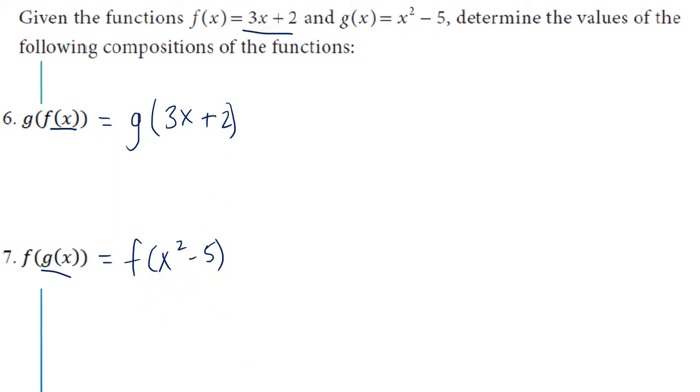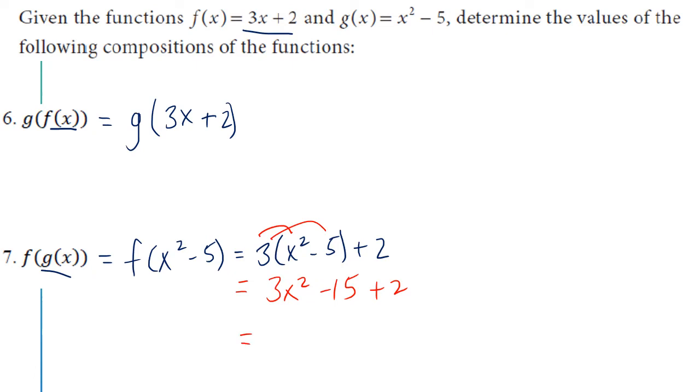So this equals 3 times x squared minus 5, plus 2. I'm going to distribute. And that gives me 3x squared minus 15 plus 2. Continue to simplify, and I get 3x squared minus 13. That's my simplified function. All right.